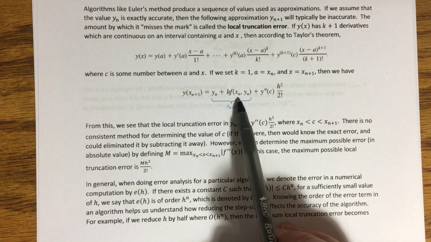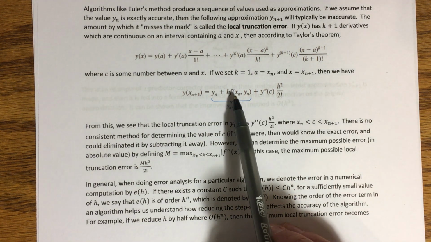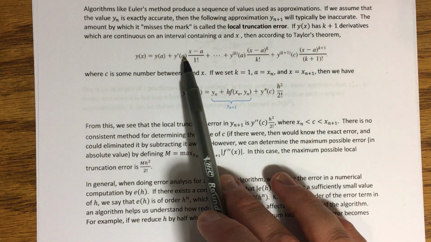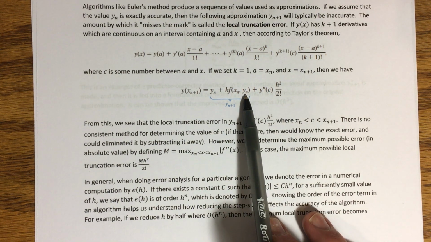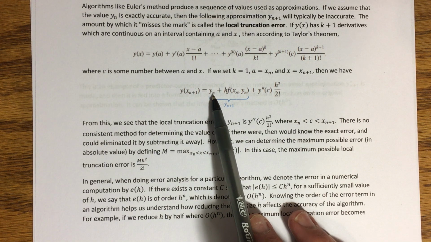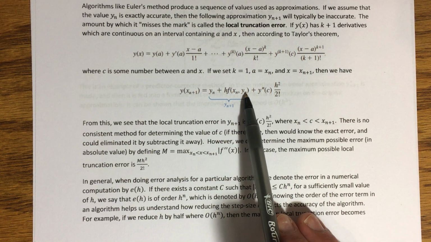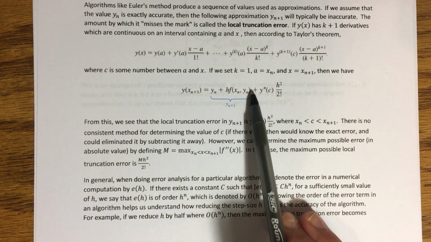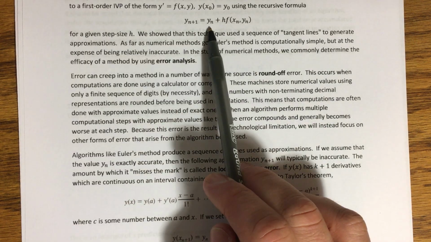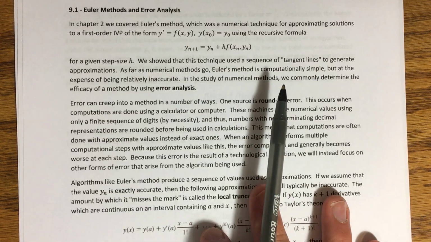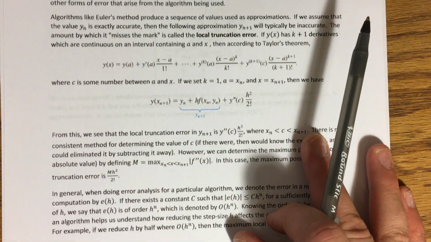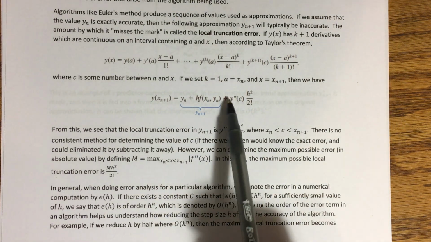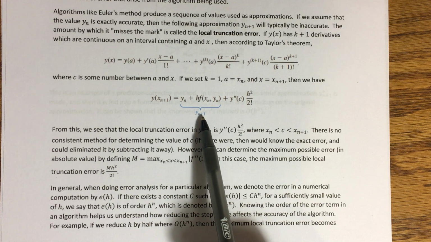And in this case, we would be looking at f of xn, because xn is what a is equal to, and the corresponding y value that goes with that is yn. Okay? Now look at this, yn plus h f of xn, yn. This is exactly Euler's formula. So Euler's formula arises from the first two terms of that Taylor polynomial. And together, in our recursive formula, this would be what we call y of n plus 1.